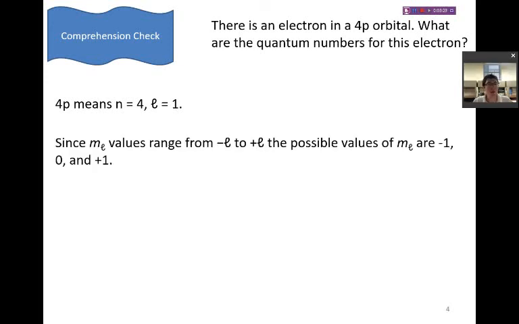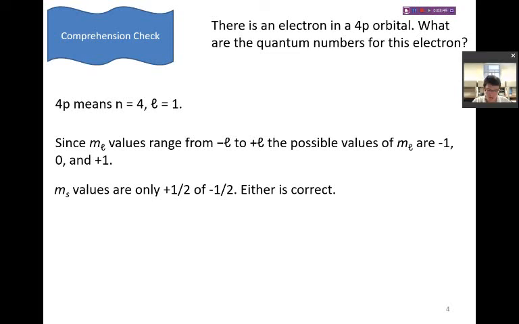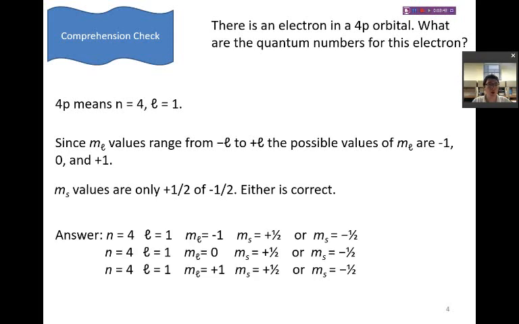Since our M sub L values can range between -L and +L, our possible values of M sub L are -1, 0, and 1. The M sub S values can only be plus or -1/2, and either is correct because we haven't specified the scenario here.